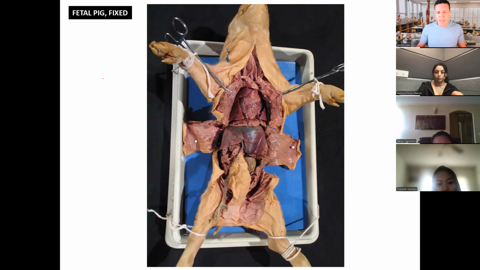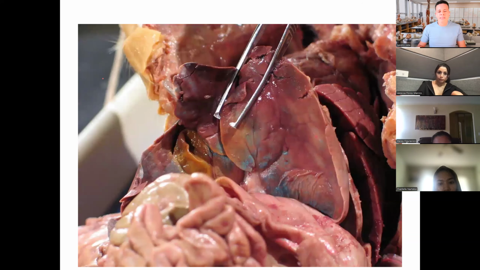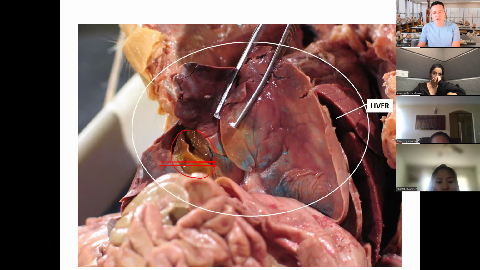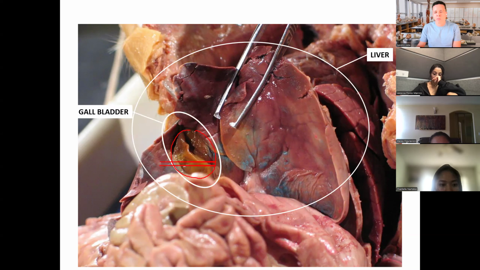So let's zoom in here into some of these cavities and the organs and take a closer look at them. Guys, right here, I took a picture. I lifted the liver, and then I took a picture of a gallbladder right there, which is this little pouch right underneath the liver. What is the function of the gallbladder? The gallbladder is involved with the storage of bile.